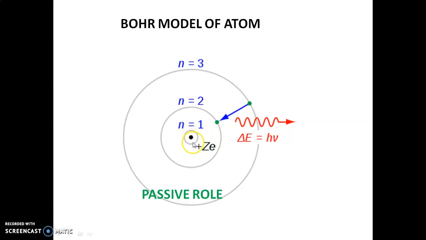No one thought about the nucleus except that it is a positively charged body with a charge Ze on it, if Z is the atomic number. That means if we have Z number of electrons, then we have a positively charged nucleus with Ze charge, and it had a very passive role.